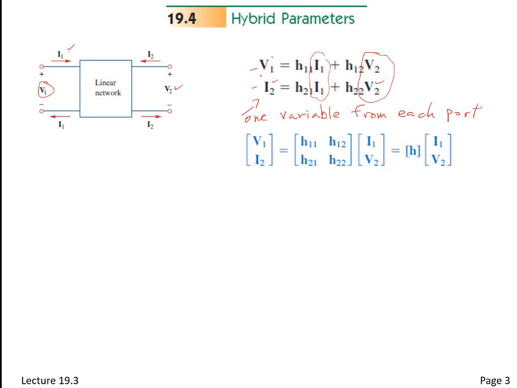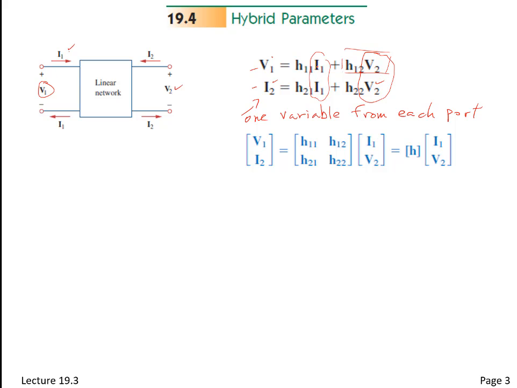How am I going to find H11? H11 is going to be a function of, well, let's see, what do I want to do? I somehow want to get this term, H12, to drop out of the equation.